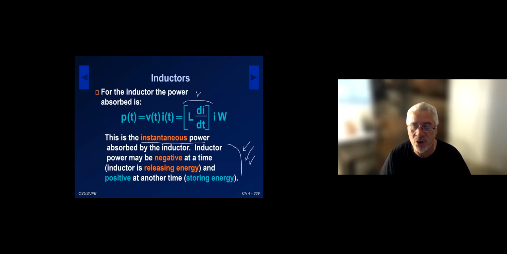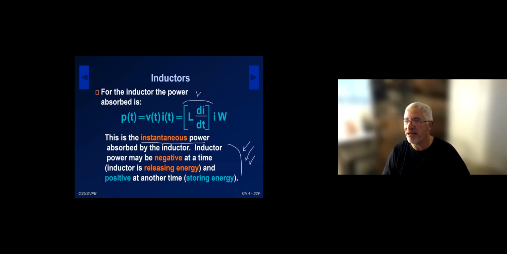Now let's cover energy. If you think about the relationship between power and energy in terms of your physics class, power is the derivative of energy, and energy is the integral of power. So power is the slope of energy.